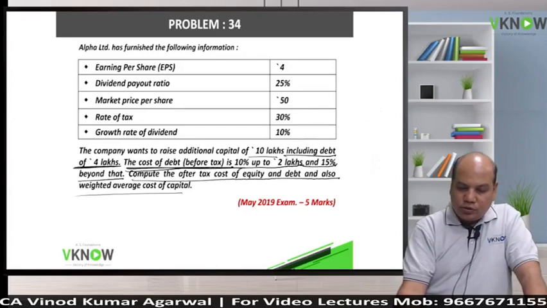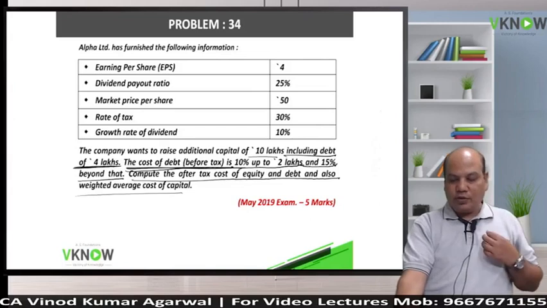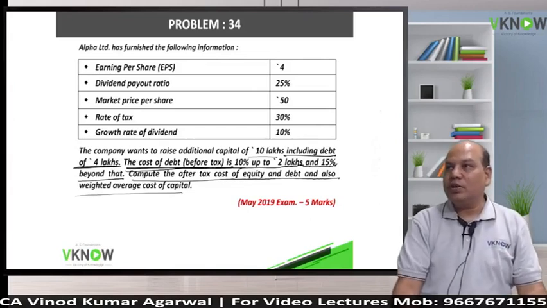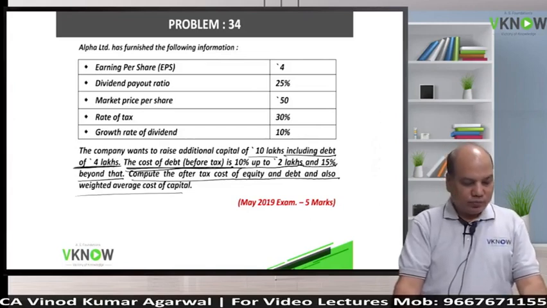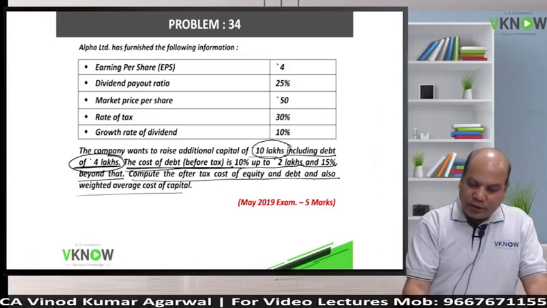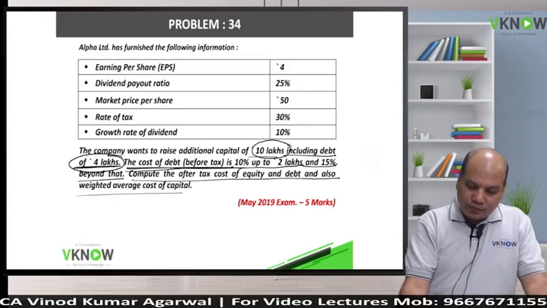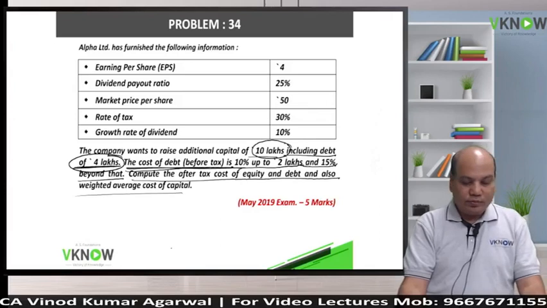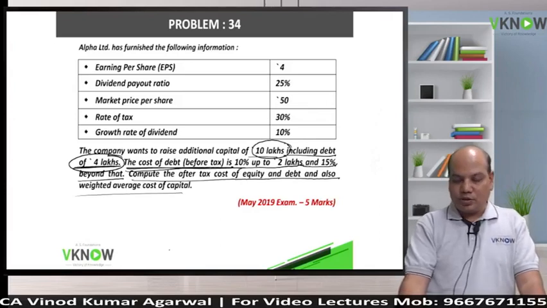If you look at the question, it is similar to the previous problem. But what is the difference? Retained earning is not mentioned separately. So how much is the total funds to be raised? 10 lakh. How much is debt? 4 lakh. So equity will be 6 lakh.